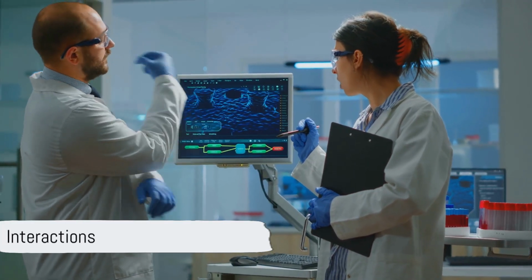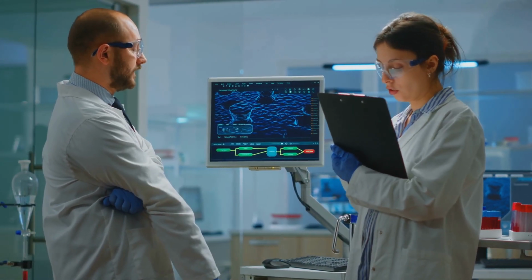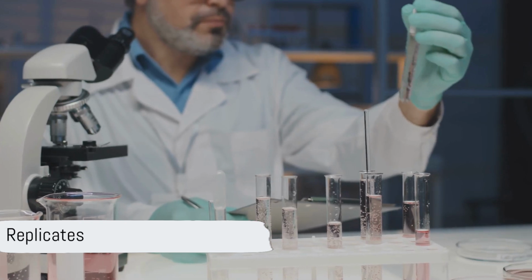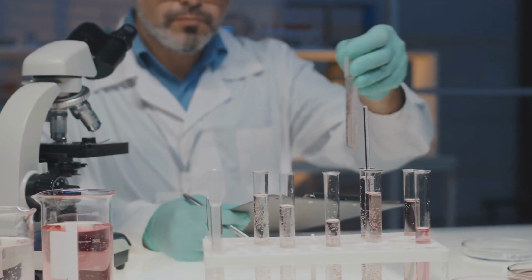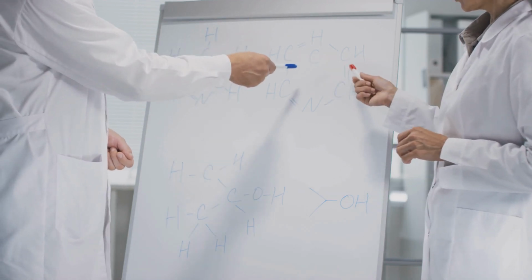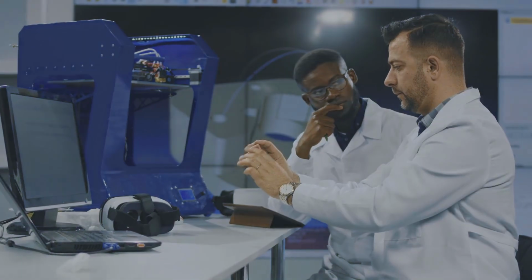Interactions. When the effect of one factor depends on another, this is where DOE shines. Identifying hidden influencers. Replicates. Repeating the same test to account for natural variation. When you put all of these together in a matrix of test combinations, you have the blueprint for a designed experiment.